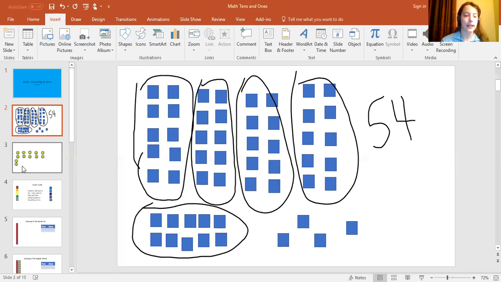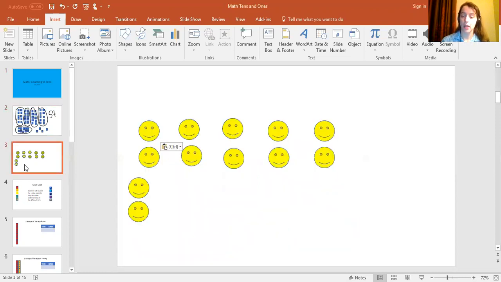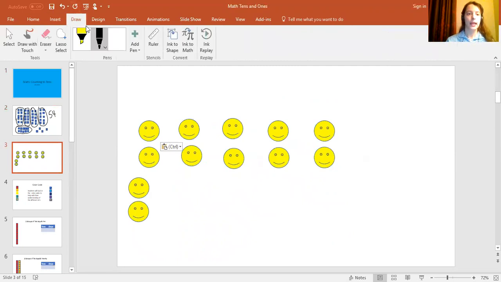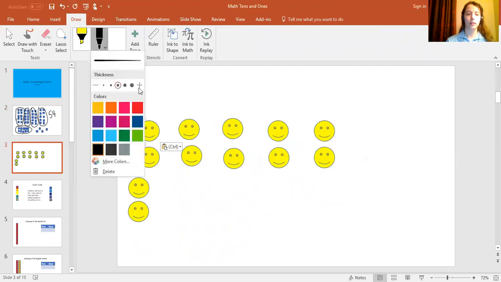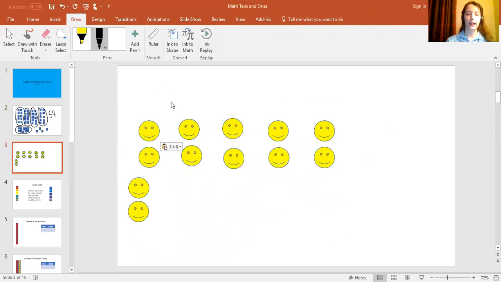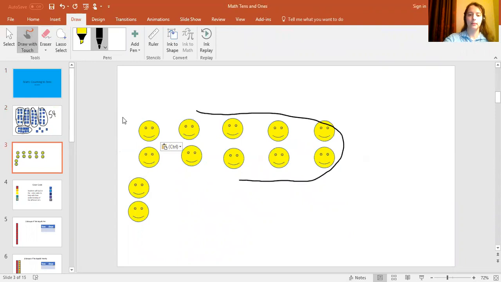And then yesterday we talked about the 11 through 19, which comes right after 1 through 10. So here is an example of place values. I'm going to go ahead and draw around the smiley faces, and that will make 10, a complete set of 10.